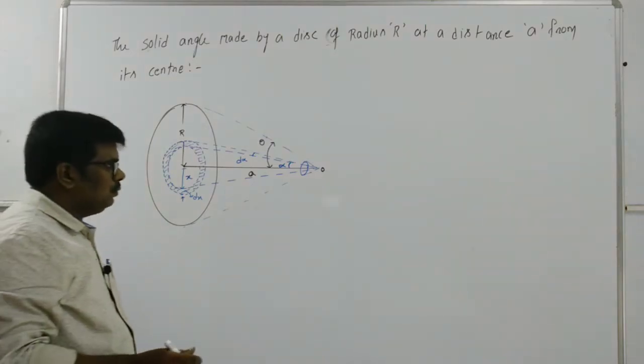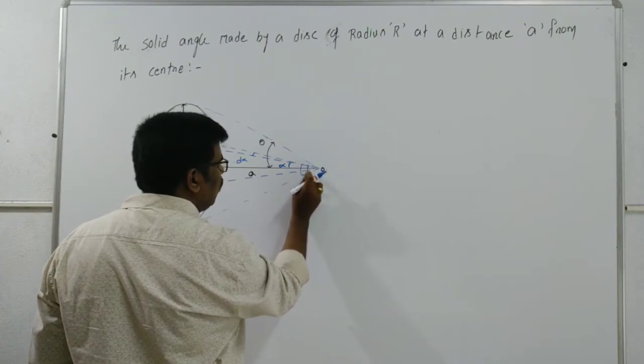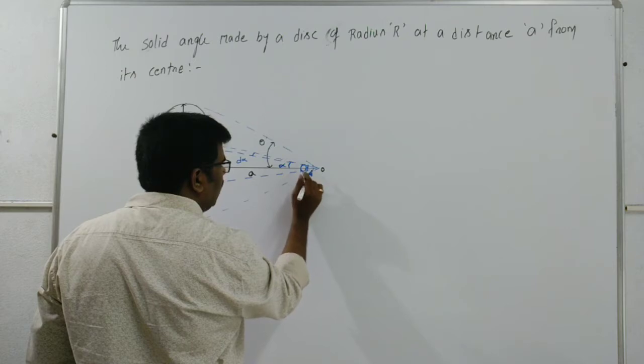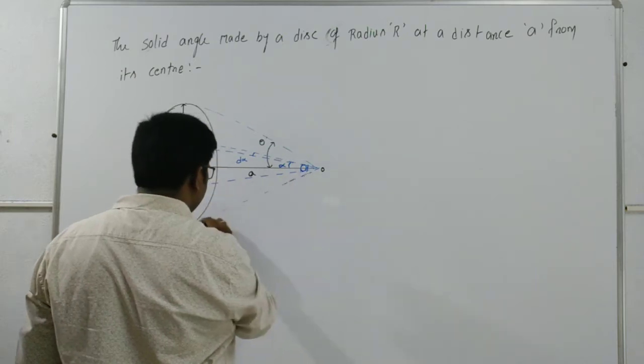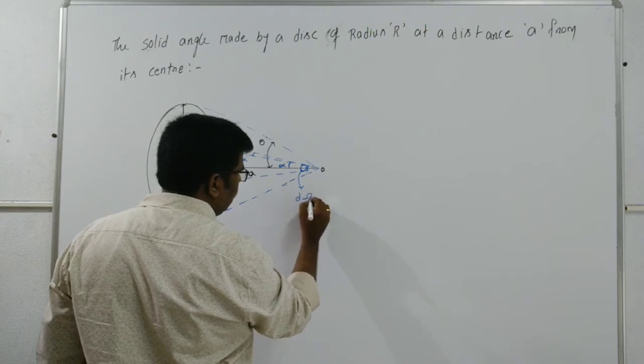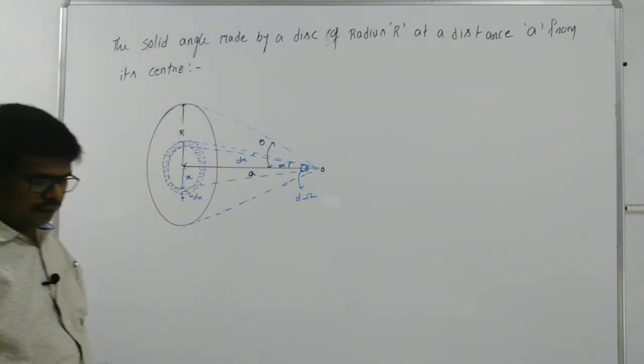And this small part makes a small solid angle, which I am going to take as d omega.